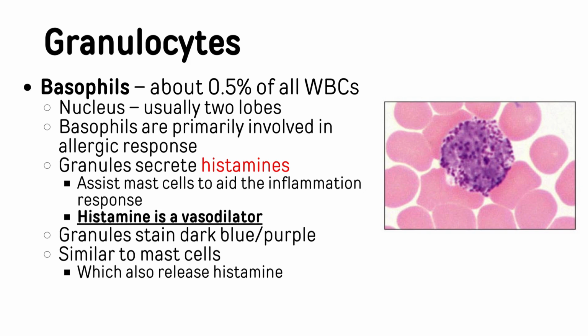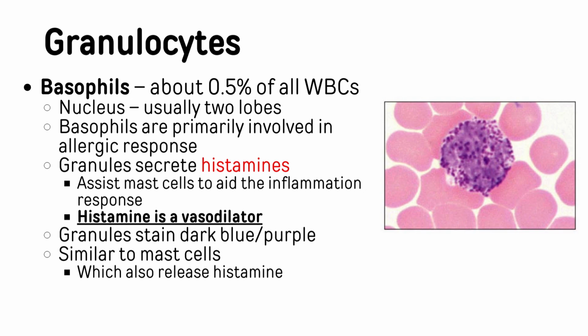Basophils make up about 0.5% of all white blood cells, so it might be hard to find. They do have a U to kind of an S-shaped nucleus, but their granules are really going to be the star. They are dark purple staining granules, and they're so dark that they kind of obscure the nucleus. In these granules, though, you do have histamines, and they assist mast cells, which also release histamine, in the inflammation response.